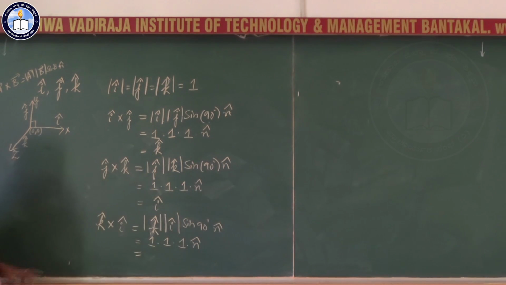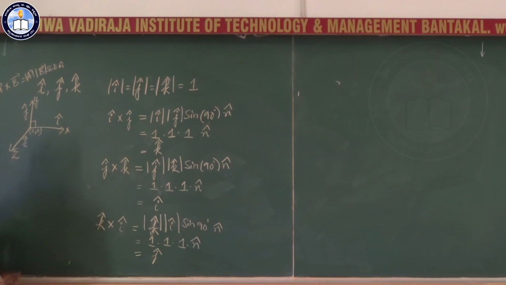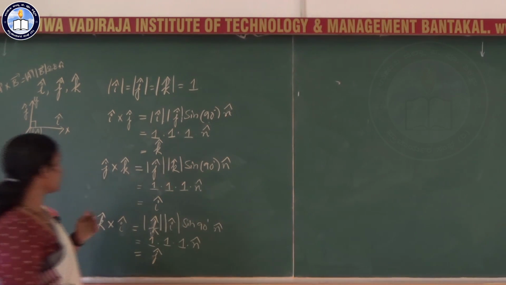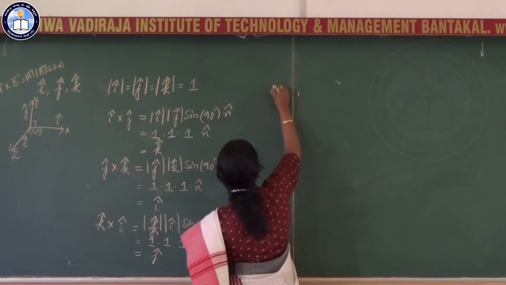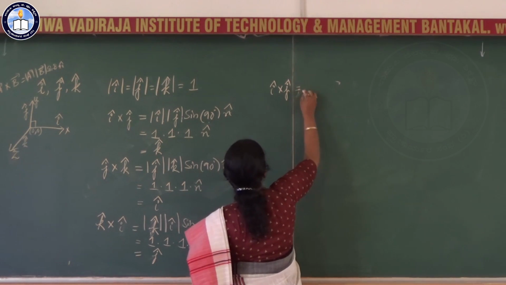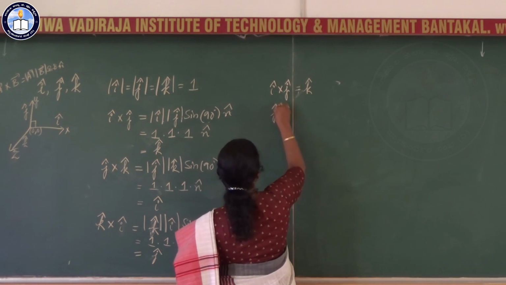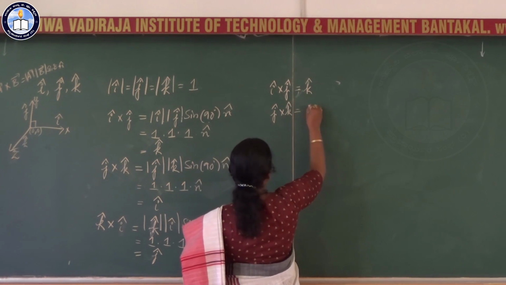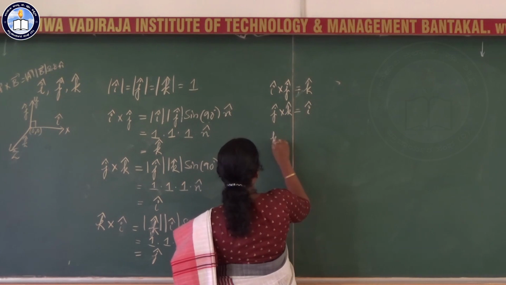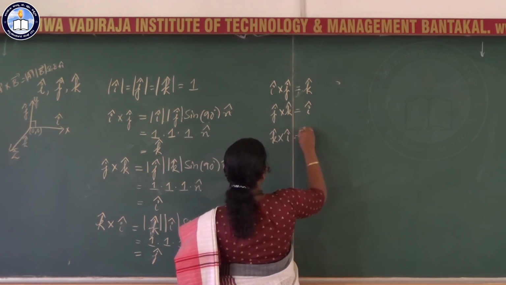The direction perpendicular to both k cap and i cap is j cap. So the important result you have is i cross j equal to k cap, j cross k equal to i cap, and k cross i equal to j cap.